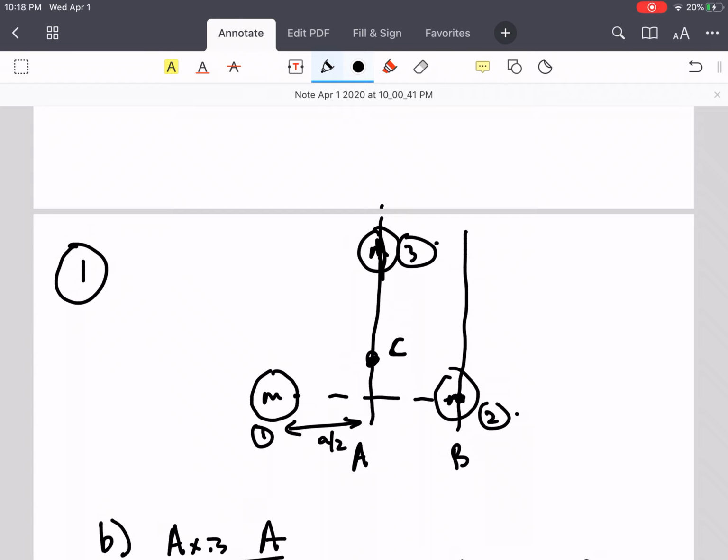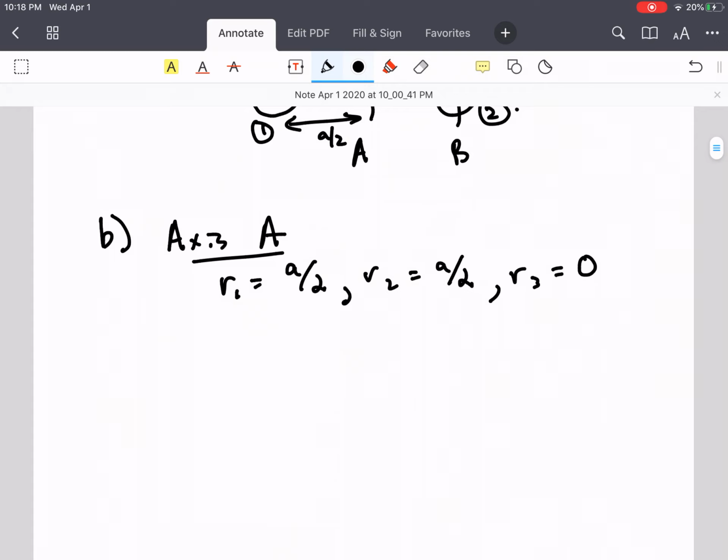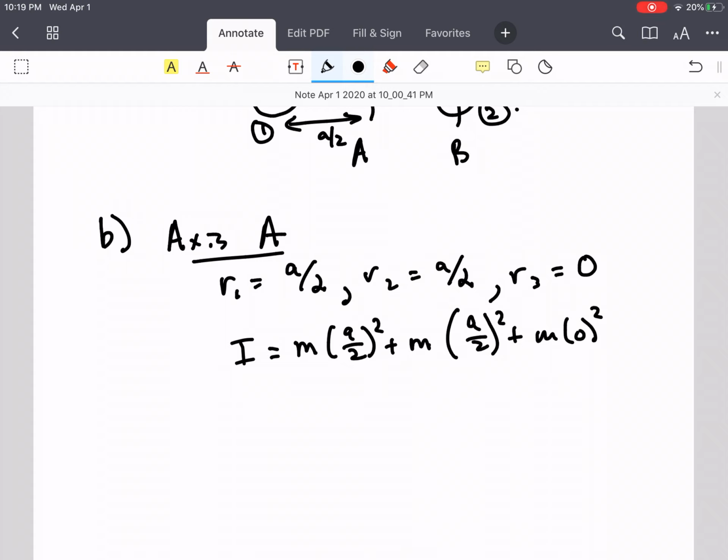All right. So we have R1, R2, R3, and then we have our handy dandy formula. I is equal to sum on m times r squared. So that's m1, which is m times r1 squared, a over 2 squared, plus m2, which is m times a over 2 squared, plus m3 times r3, which is 0 squared.